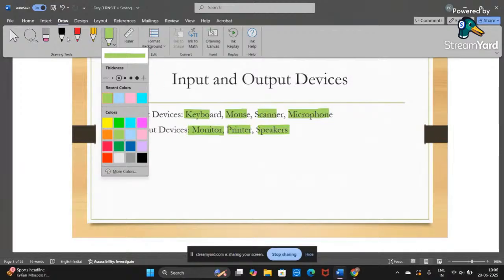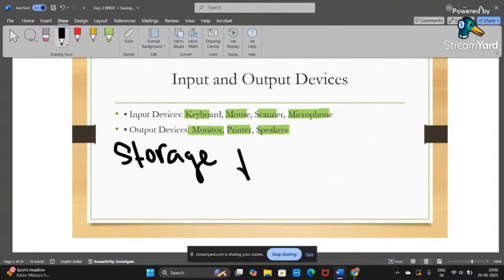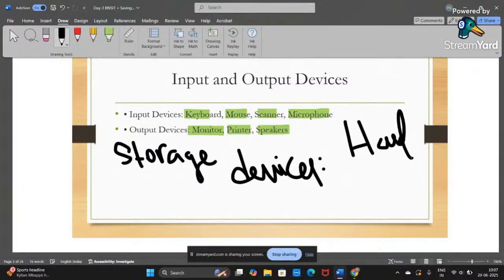Okay, what are storage devices along with this? Hard disk, SSD, USB drive, CD, DVD.